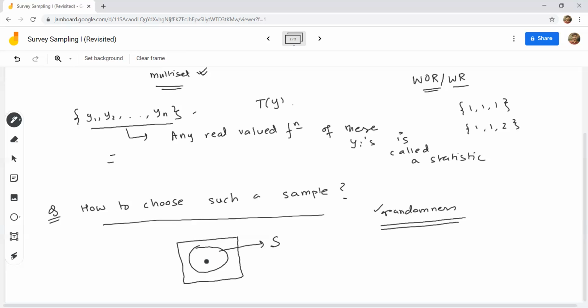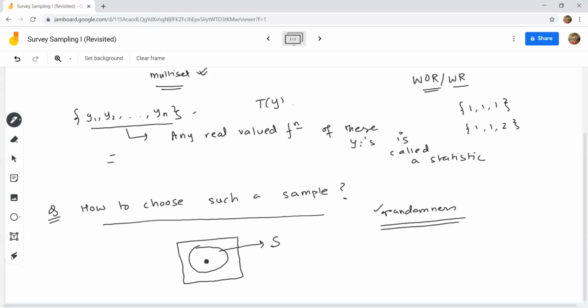You have heard of various probability distributions, right? So yes, if you assign a certain probability measure or a certain probability distribution over, say, the subsets of this capital S, then you can ensure some sort of randomness within this capital S because you are assigning probability to this.